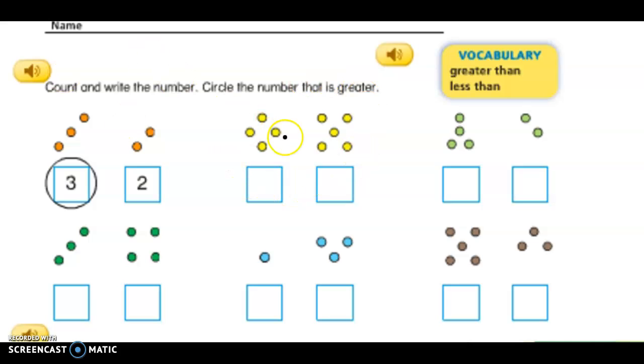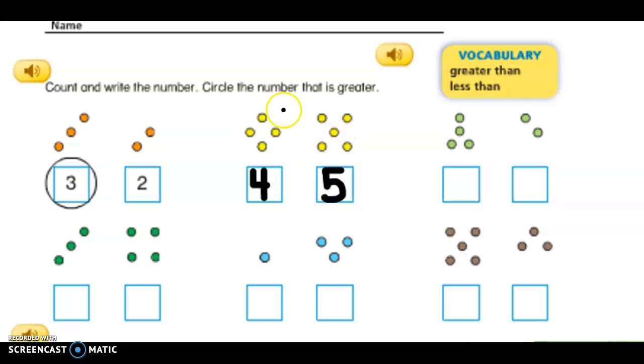All right, so our first step is counting up the circles. Let's count them together. Ready? 1, 2, 3, 4. So I'm going to write a 4 in the box. Let's count this side. 1, 2, 3, 4, 5. So I write a 5 here.